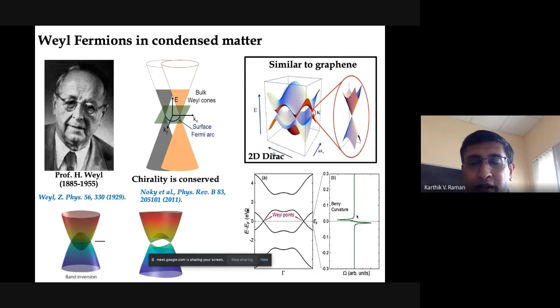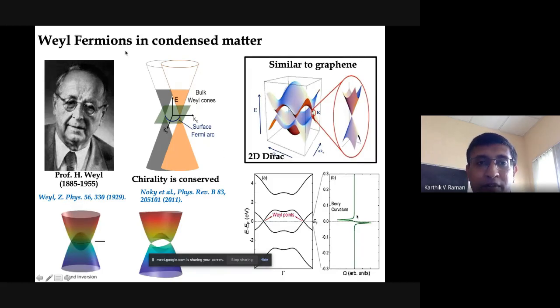The Weyl fermion is again driven from the concept of condensed matter physics, driven by topological band theory, which tells you that in certain specific classes of materials, especially those which break time reversal symmetry or inversion symmetry, one could expect to form these Weyl-like excitations in your band structure.